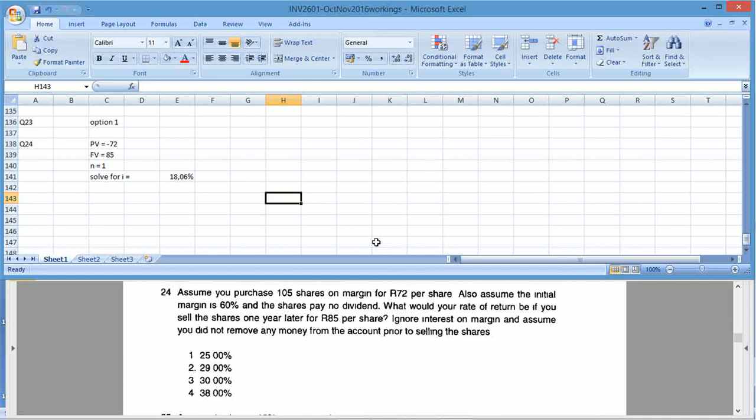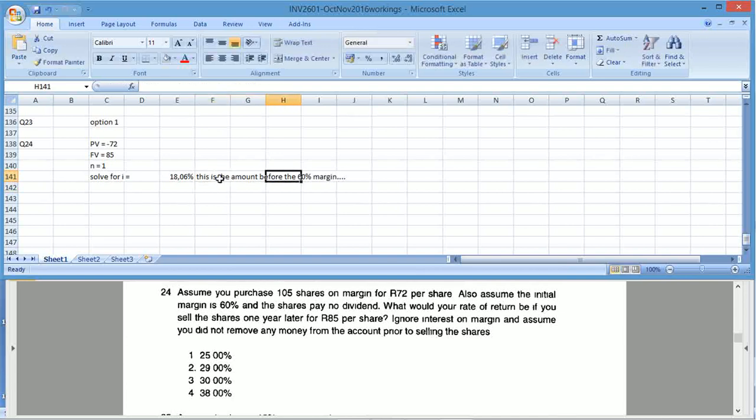Let's see. 0.6 times 100 divided by 0.6. 31.01. Yeah, that works out. So on your calculator, this is the amount before the 60% margin.